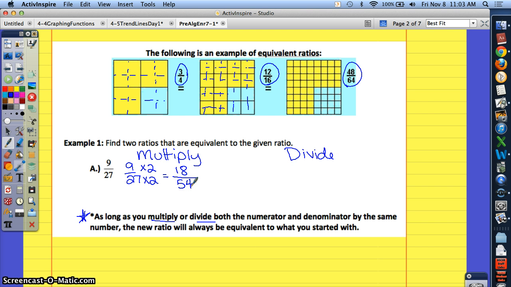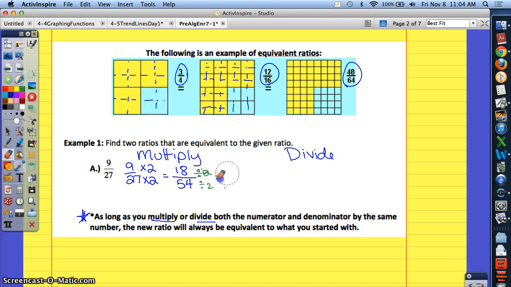Well, your result is an equivalent fraction, so 18/54 is equal to 9/27. We could check it if we wanted by reducing it. You don't have to show this work here, but if I get back down to 9/27, how would I get there? Well, I would divide by 2, and I would divide by 2. So since that gets me down to the simplified fraction that's the same, I know those are equal.